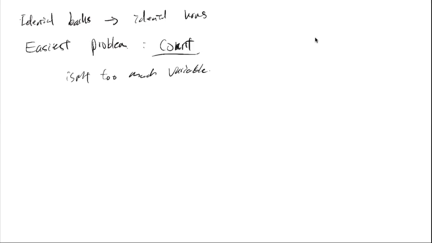So the difference between this problem and distinguishable to identical is that remember previously we did the employee problem, assigning rooms for employees. The rooms are the same, so we can identify the rooms, but we can distinguish the employees A, B, C, D. Now we can't even distinguish the employees.